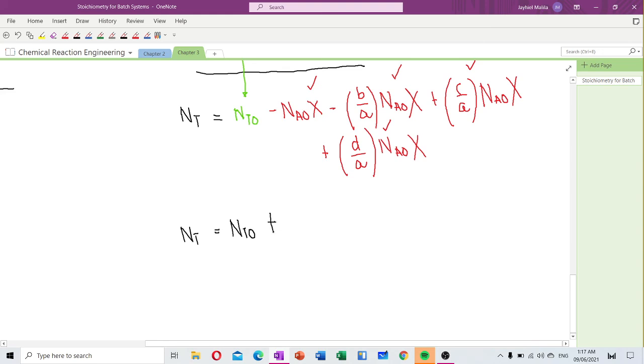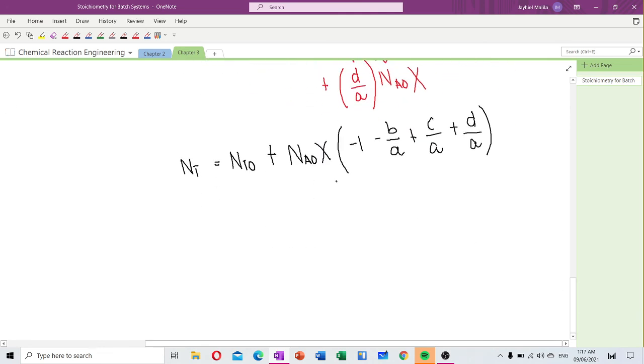I might do plus NA0x, and then we have here negative 1 minus B over A plus C over A plus D over A. Alright, so we can rewrite this one to make it more beautiful looking. So we have here NT0 plus, let's write all the positive coefficients first: C over A, D over A, minus B over A, oh sorry, minus 1.